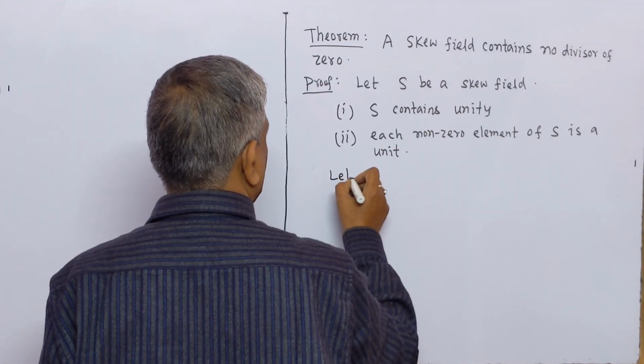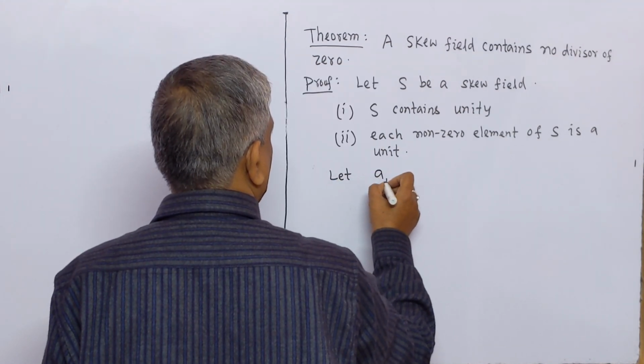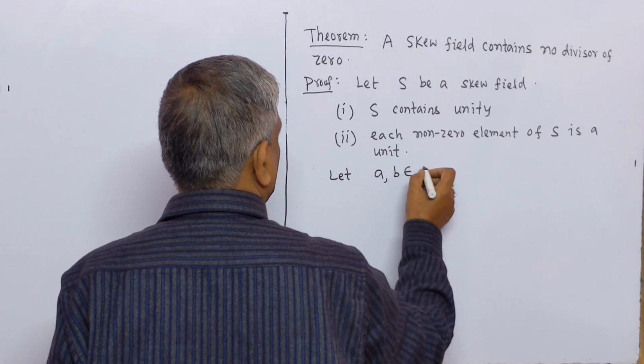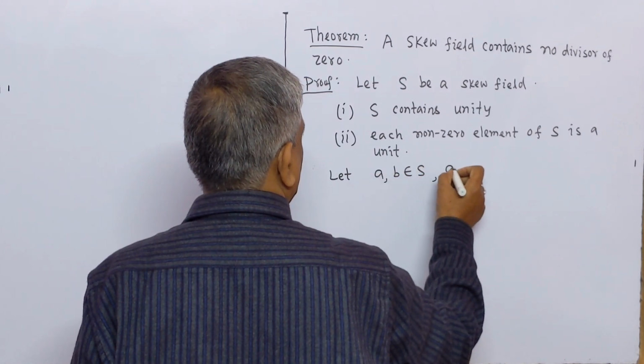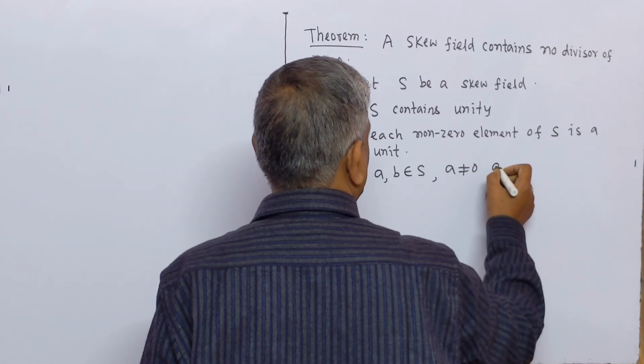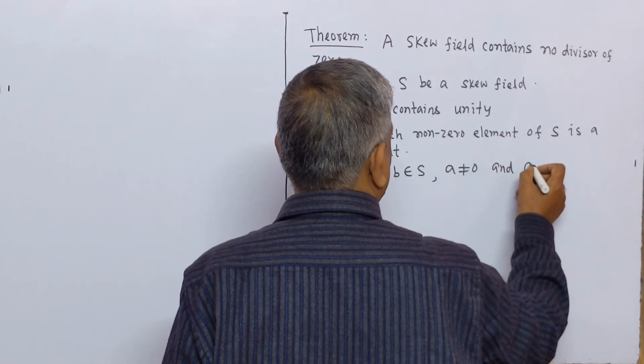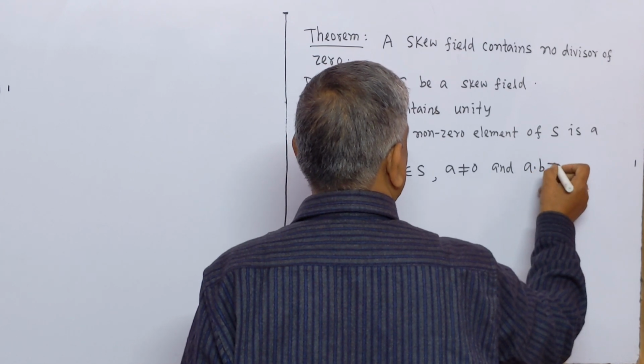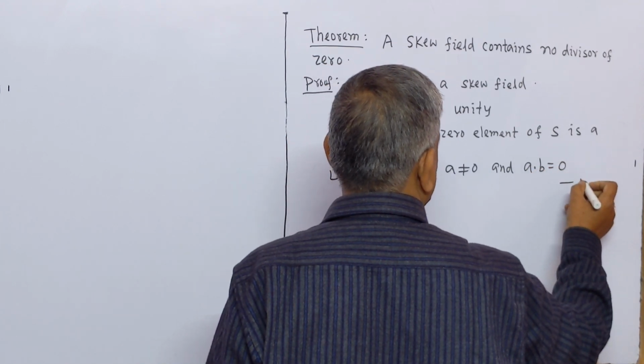Let A, B belong to S, A not equal to 0 and A multiply B equal to 0. This is number 1.